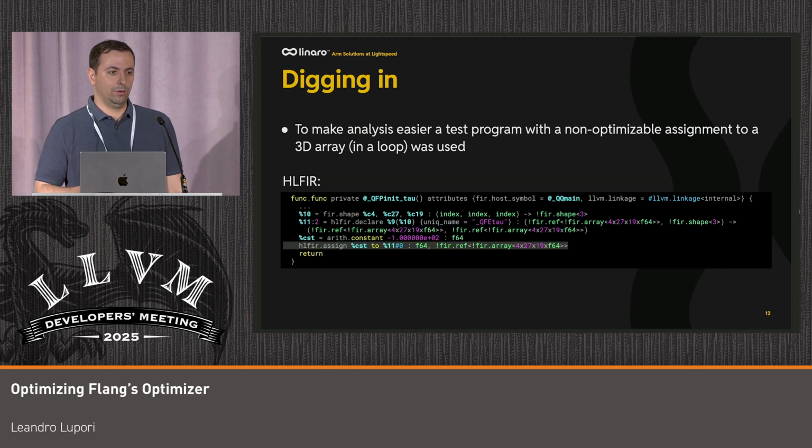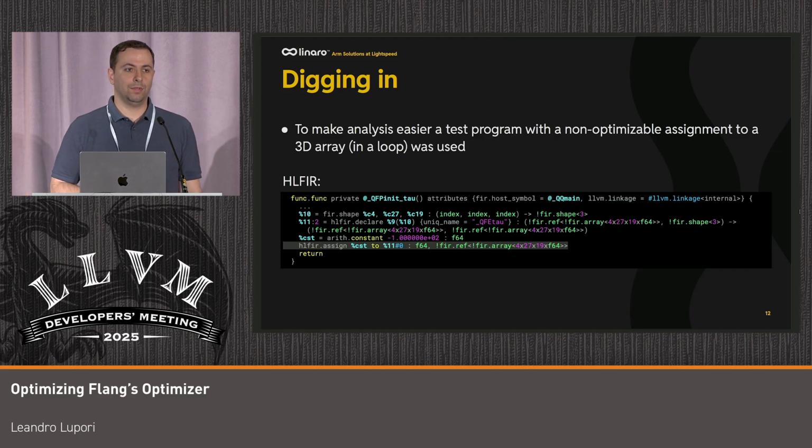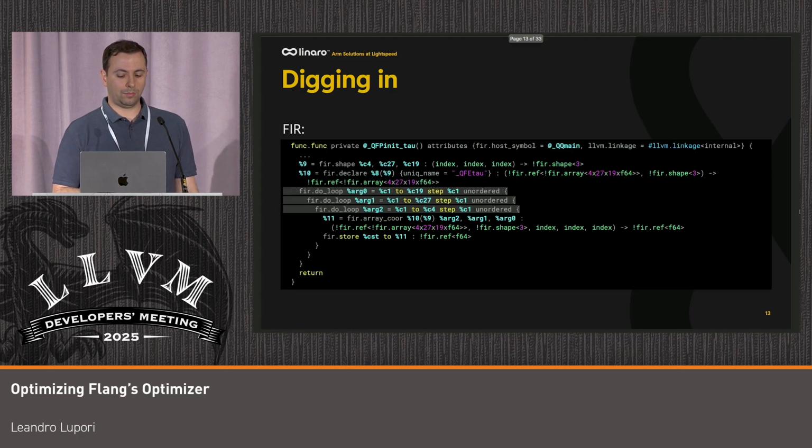So when trying to inspect what was the cause of the issue, it's useful to go through each stage of code generation, beginning with HLFIR. That is the first translation from Fortran to an IR. And here we can see that the whole initialization is performed by a single HLFIR operation, that is the assign operation.